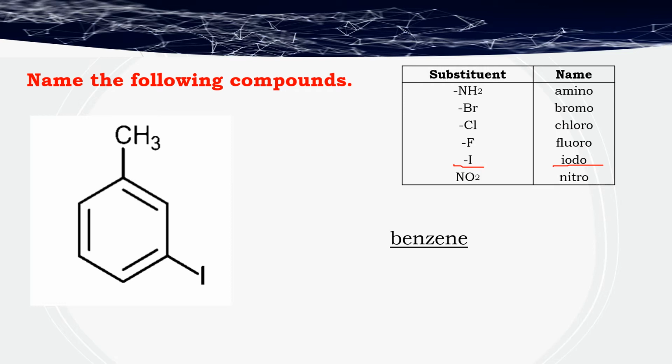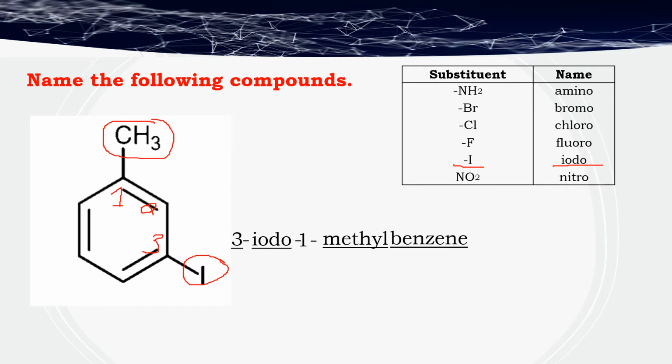So let us number first our ring. We'll start here at the top, 1, 2, and 3. So the name of the substituent attached to the first carbon atom is methyl. Attached to carbon number 1. And in carbon number 3, we have this I or iodo.